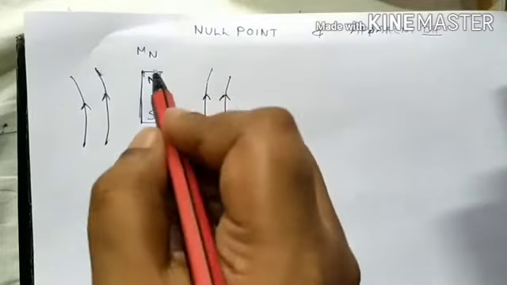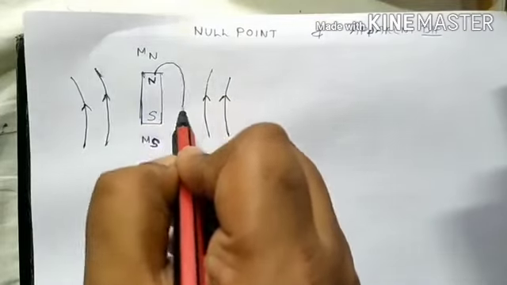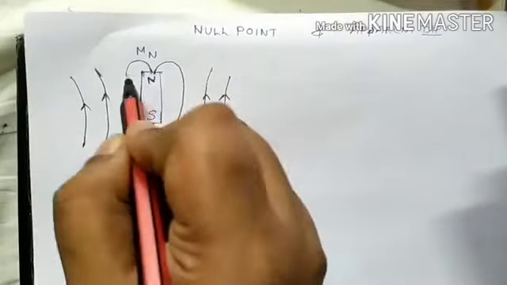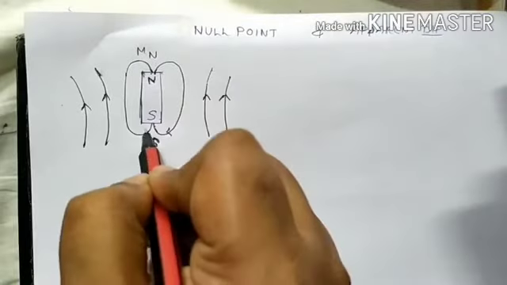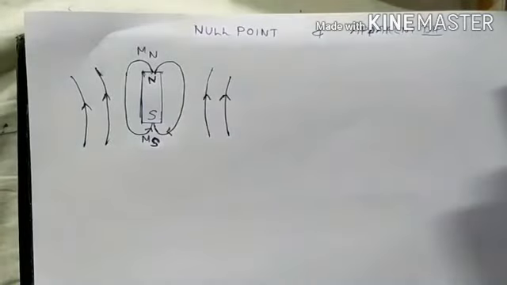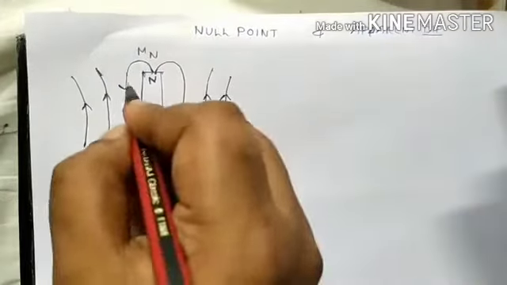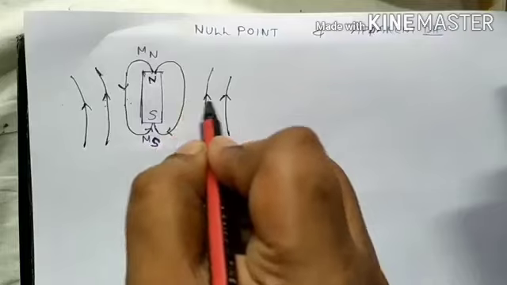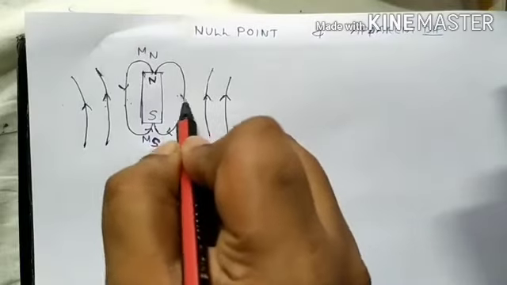Now I am forming the magnet's north-south pole directions, or the magnet's magnetic field lines. The outer four dashes I have drawn are the Earth's field lines, and these are the magnetic field lines of the Earth and the magnet.